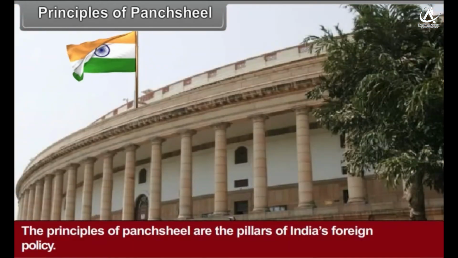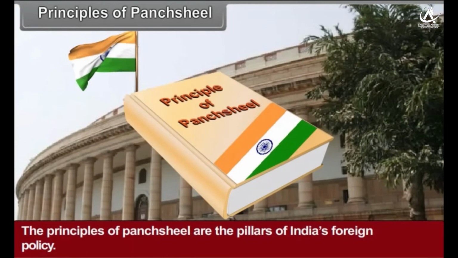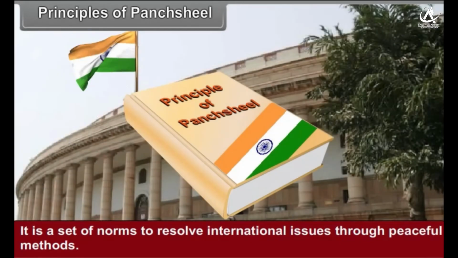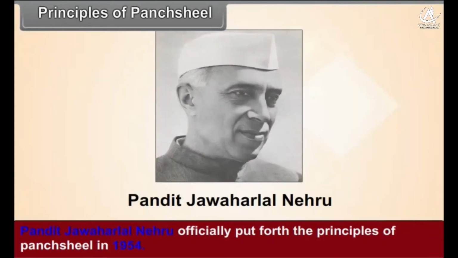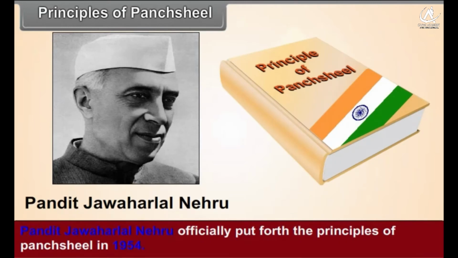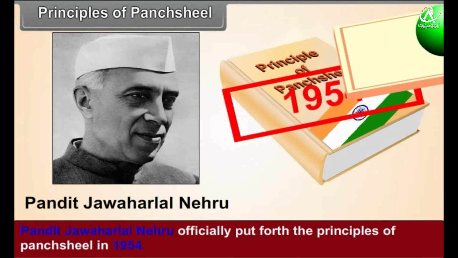Principles of Panchsheel. The principles of Panchsheel are the pillars of India's foreign policy. It is a set of norms to resolve international issues through peaceful methods. Pandit Jawaharlal Nehru officially put forth the principles of Panchsheel in 1954.